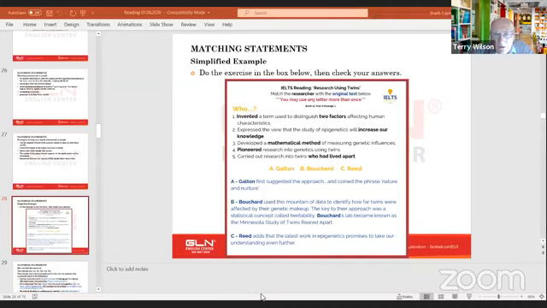So what did Galton do? Galton first suggested the approach and coined the phrase nature and nurture. Bouchard used this mountain of data to identify how far twins were affected by their genetic makeup.